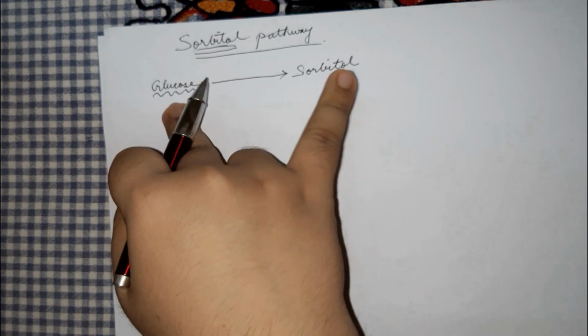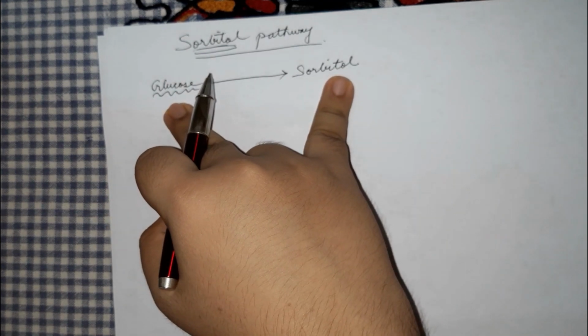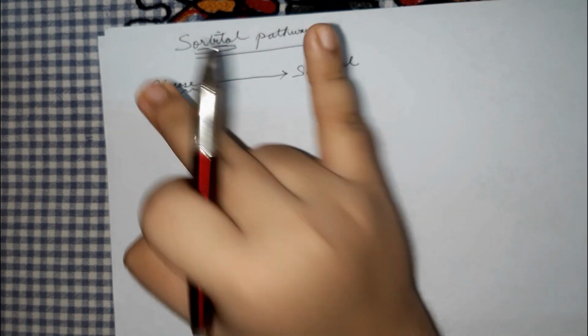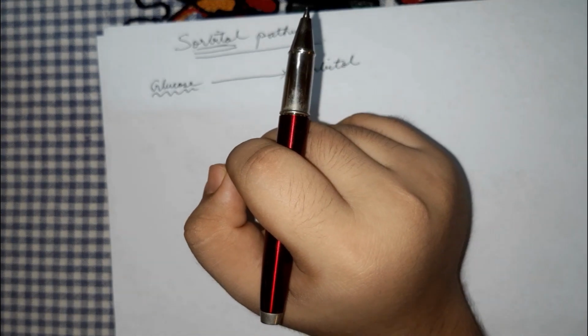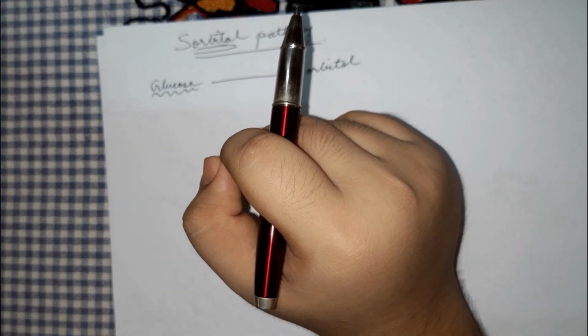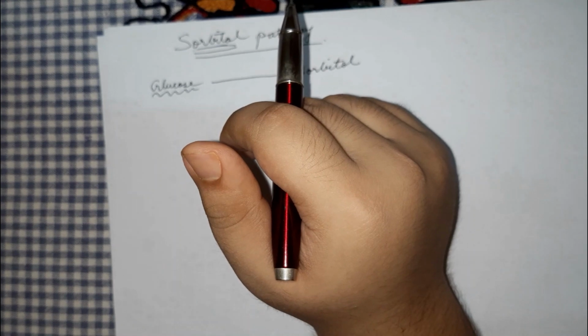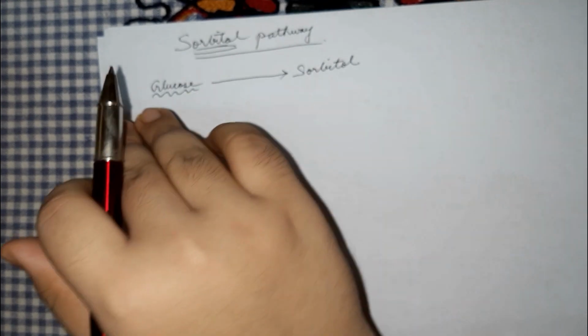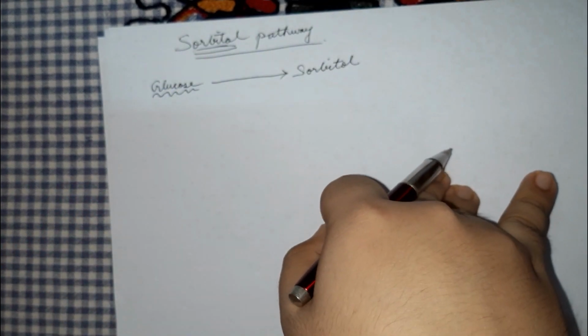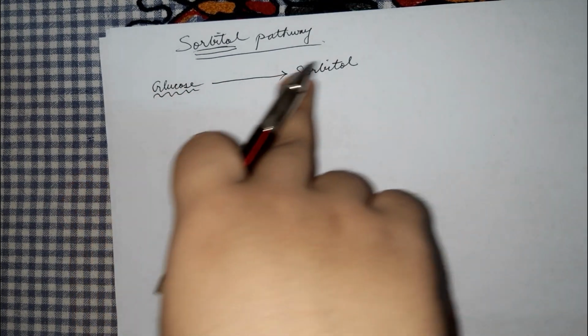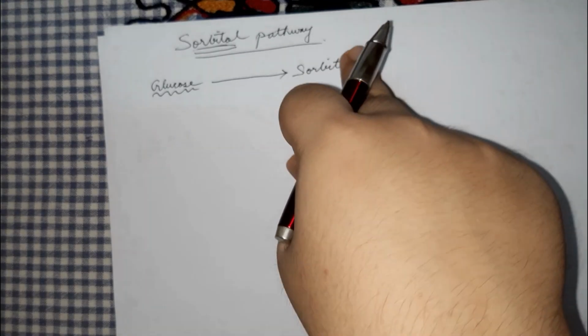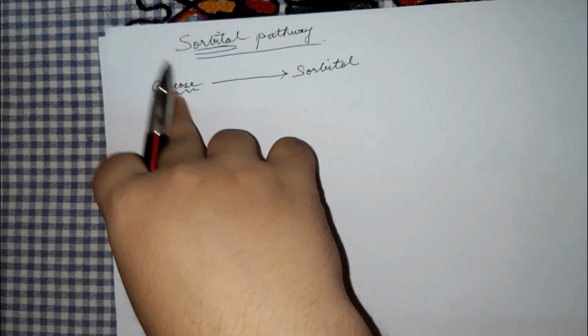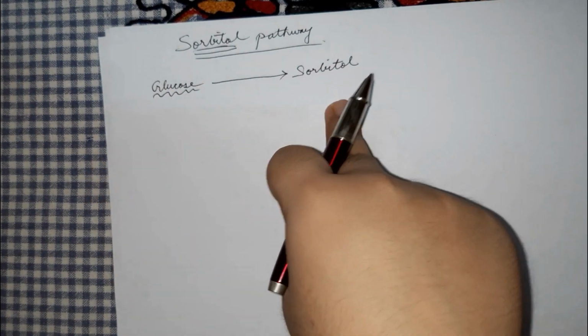So an aldehyde is being converted to its alcohol form. For example, if I said that acetaldehyde is being converted to ethyl alcohol, just like that, glucose is being converted to sorbitol. So glucose is aldehyde, sorbitol is alcohol.